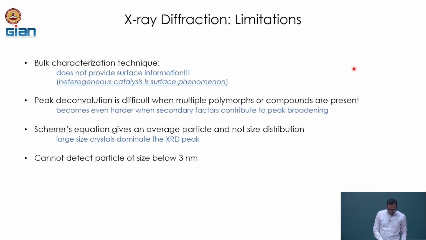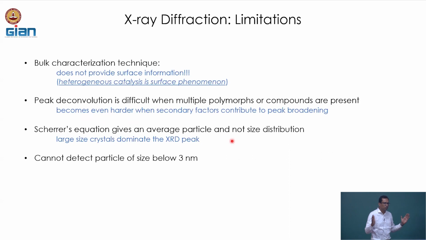And then peak deconvolution is difficult where there are multiple oxide phases present and the peaks overlap. The Scherrer equation gives us an average particle size and not the size distribution, and some catalytic reactions are structure sensitive, where a smaller particle might have a different pathway for product formation, and a bigger particle will have a separate path to a different product.